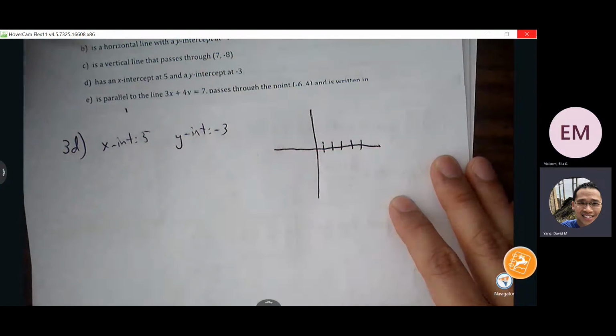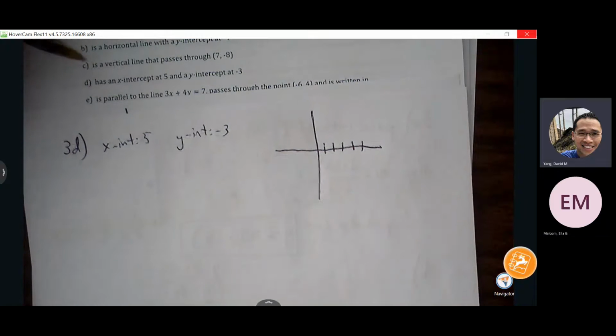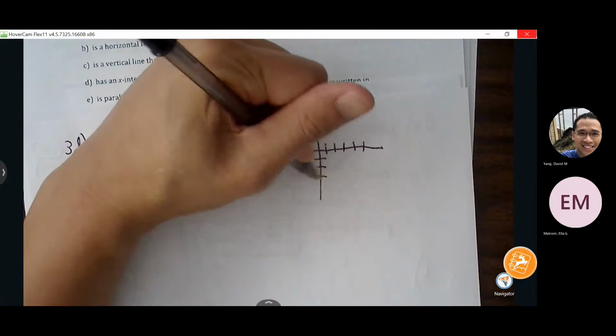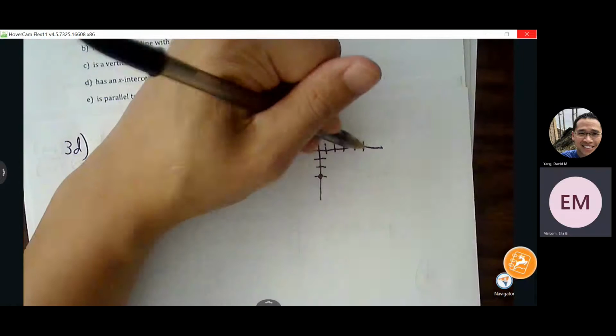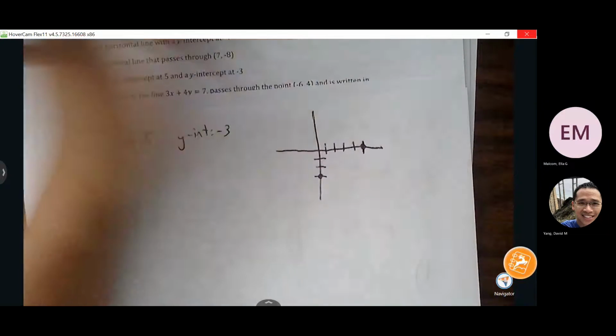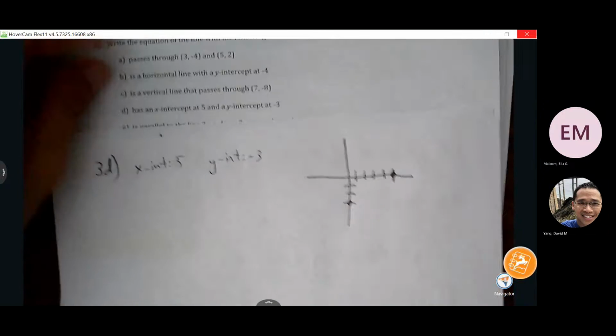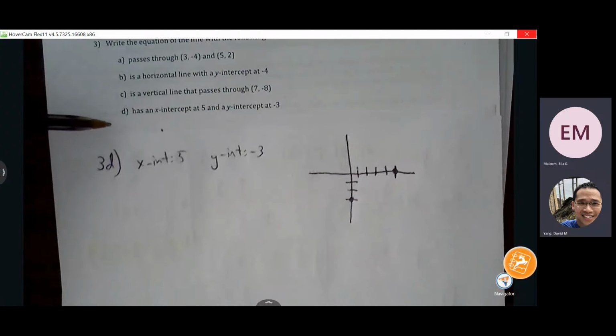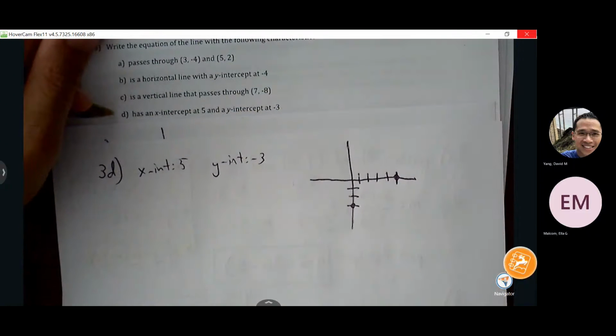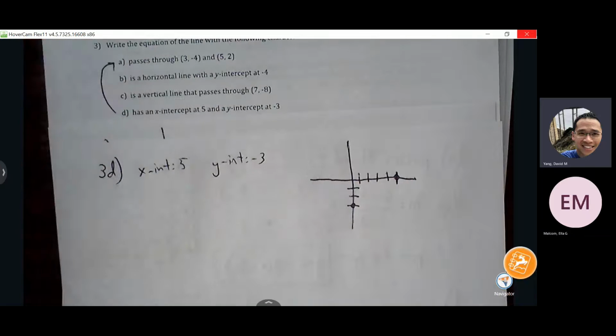That's right, one line's crossing through both those points. So basically treat D like how we did A, right?